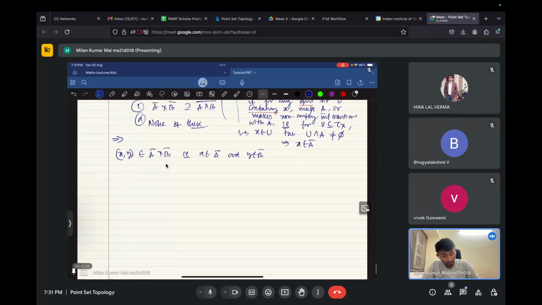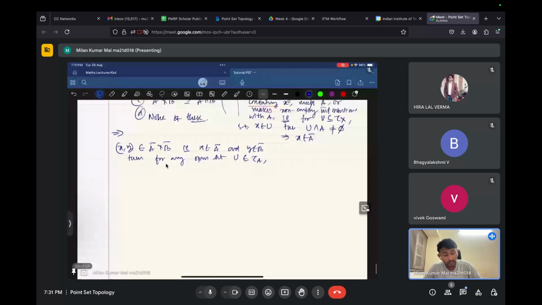Then for any open sets U and V, which are not subspace topology, U is coming from tau X and V from tau Y, so they are open in X and Y respectively.